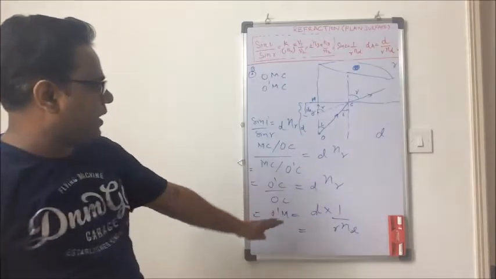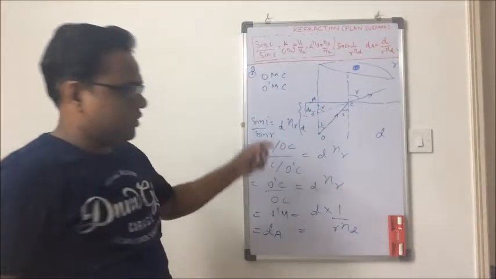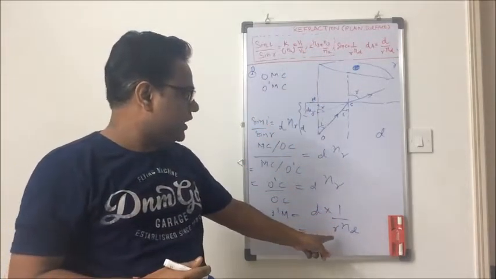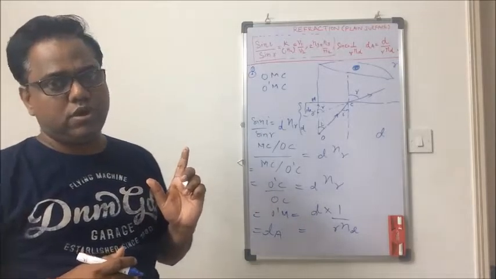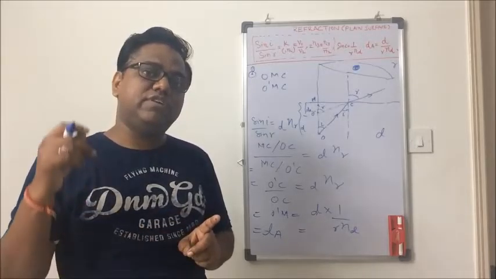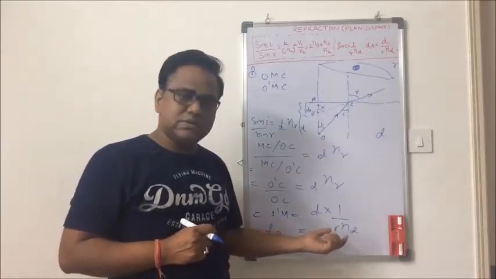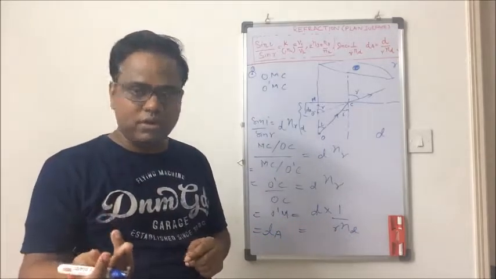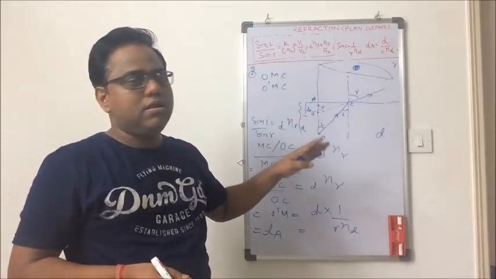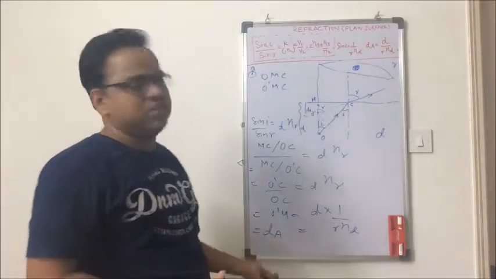So looking at the formula, we got that formula. The apparent depth would be the original depth divided by the refractive index of the denser medium, or the original depth multiplied by the refractive index of the rarer medium with respect to the denser medium. Generally, the denser medium's refractive index is more than 1. That is the reason if you divide d by n, it would be less. So apparent depth is lesser than real depth.